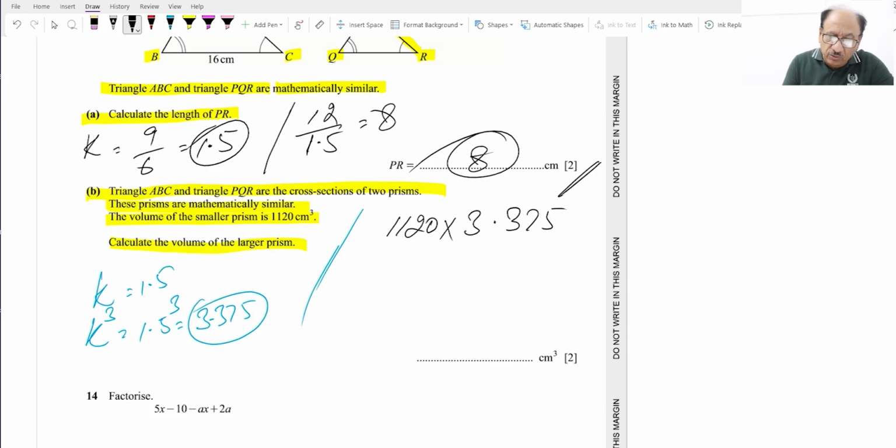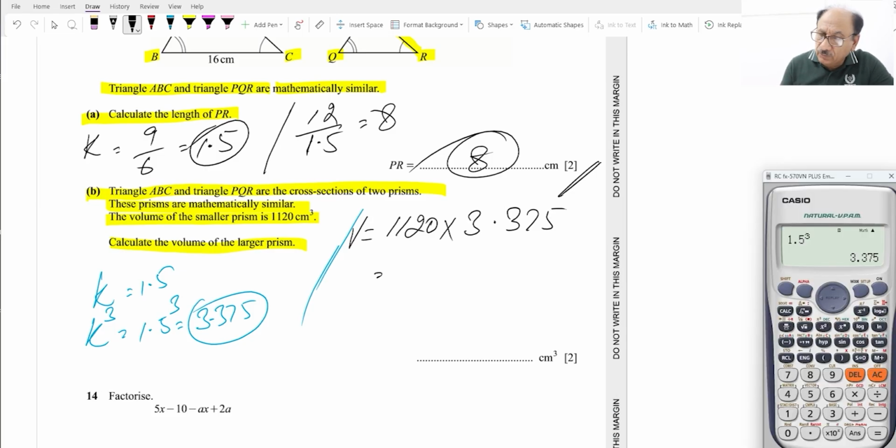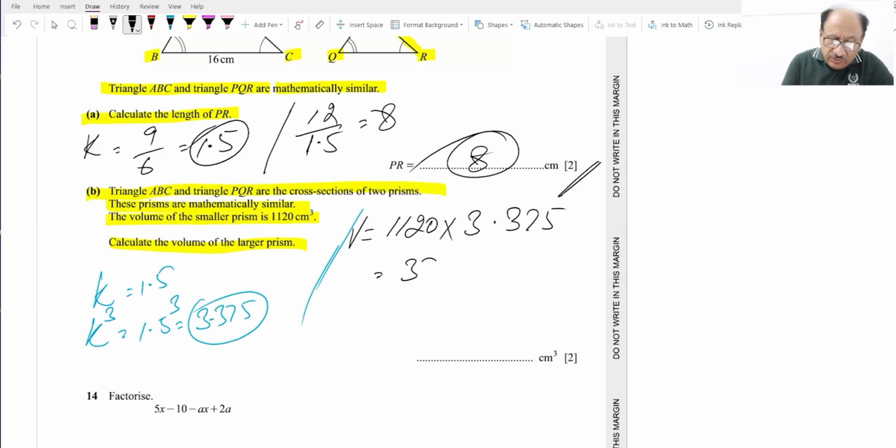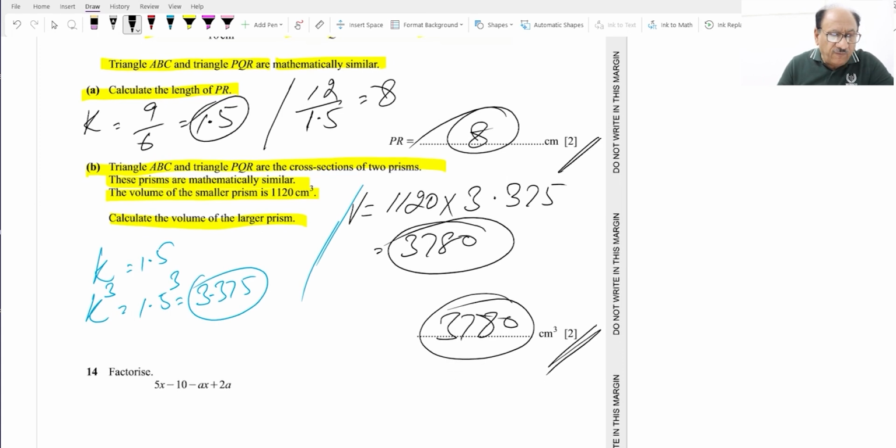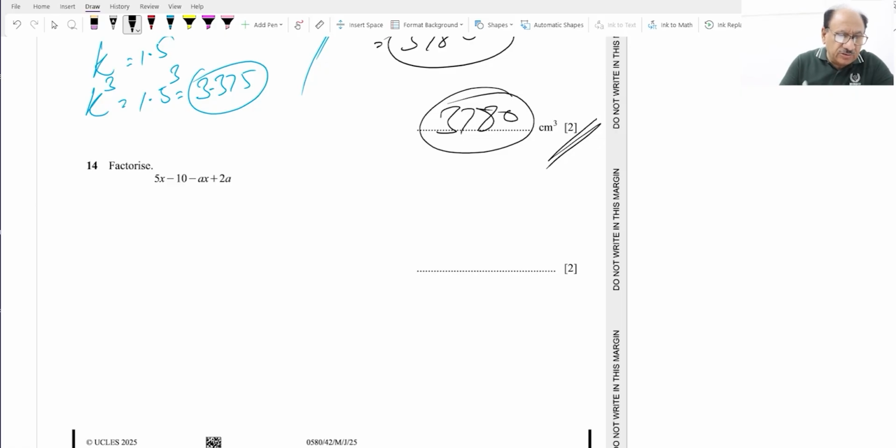This will be the volume required. So 1120 multiplied by 3.375, and we will get 3780, and this will be the answer. 3780 centimeters cubed will be our answer for 5 marks. Hopefully you understood this as well.